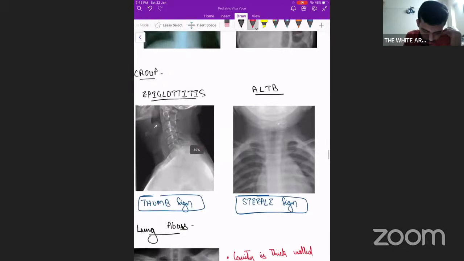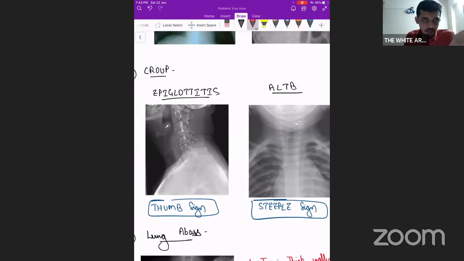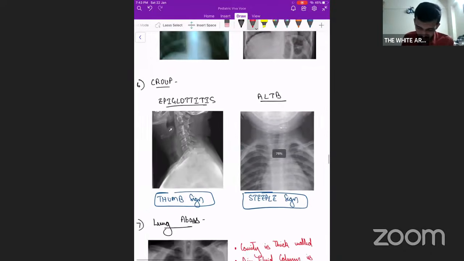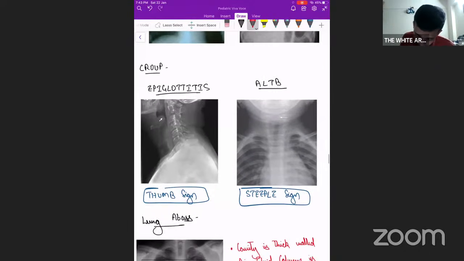Next is croup. Croup can come as epiglottitis, which is a very serious presentation. One more is ALTB, acute laryngotracheobronchitis. In acute laryngotracheobronchitis, what we get is the characteristic steeple sign. Why do we have this steeple sign? Because there will be subglottic narrowing of the airway.